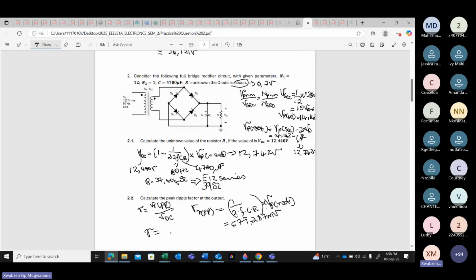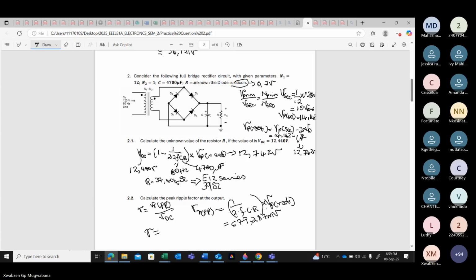Do we understand each other? You go and double the filter, which simply means that these equations here, this is how you use them onto a bridge rectifier.